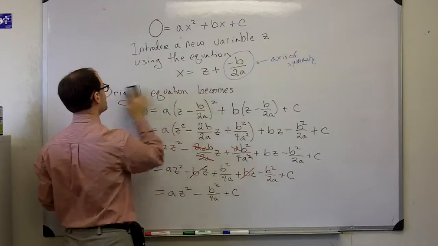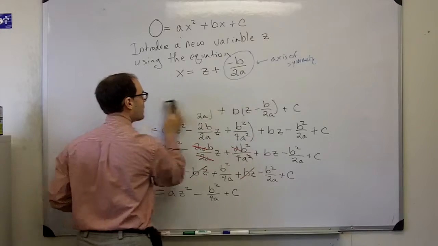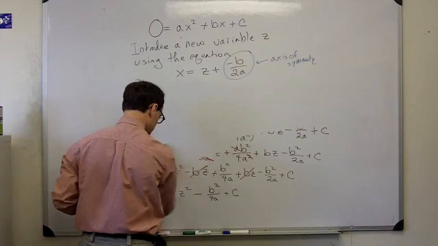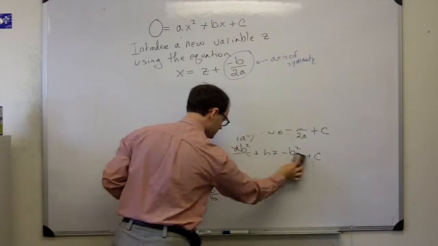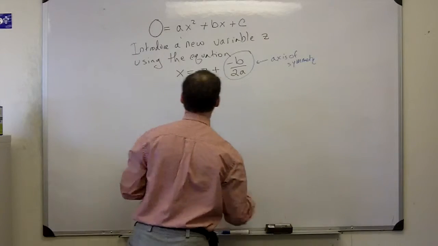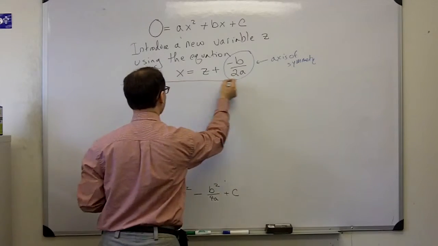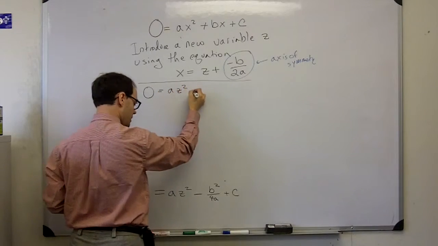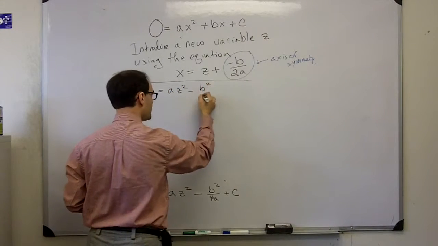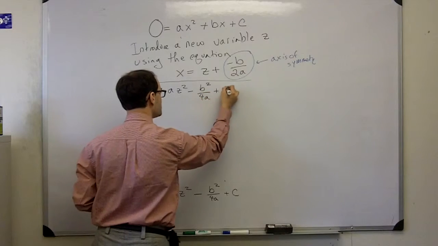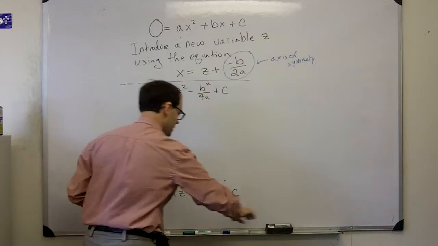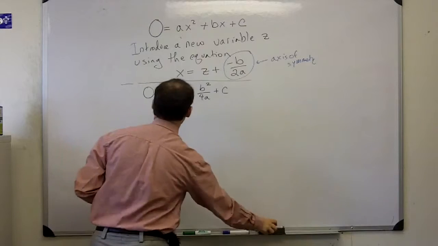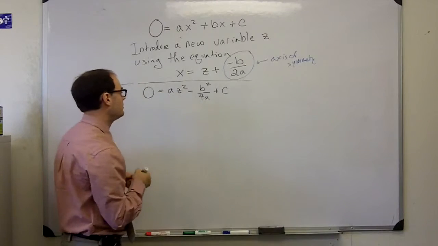So let me move this equation up. And actually, we're going to keep this statement over there. 0 is a z squared minus b squared over 4a plus c. Okay. So now let's solve for z.